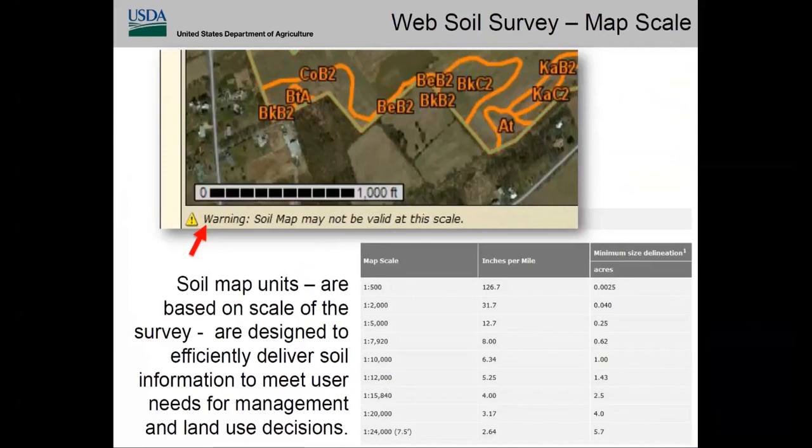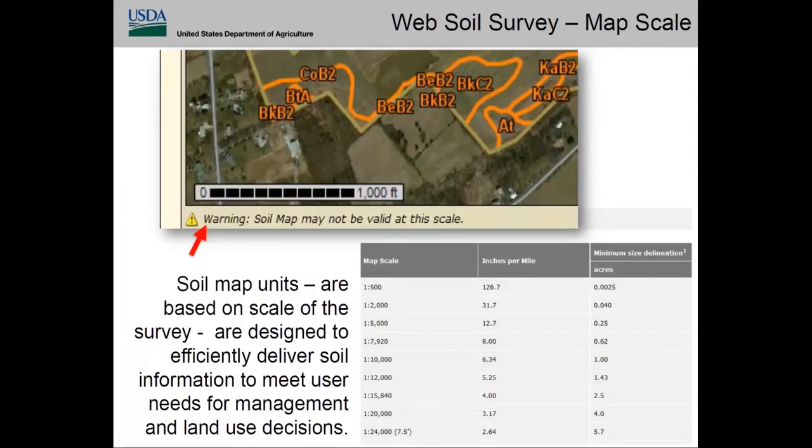I just want you to be aware that when using maps in Web Soil Survey and you're zooming in, you may get a warning that reads, "Soil map may not be valid at this scale." Well, you most likely zoomed in too close and the soil map is not accurate at that scale. Why? Because the soil map units and delineations were done at specific scales based on user needs at that time.